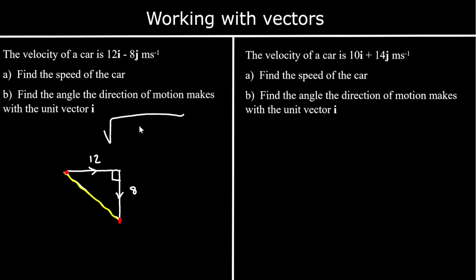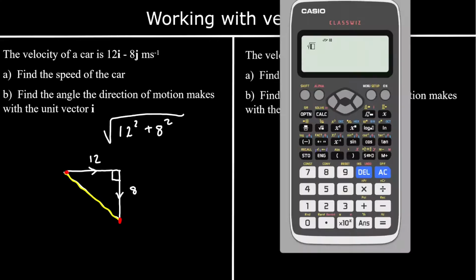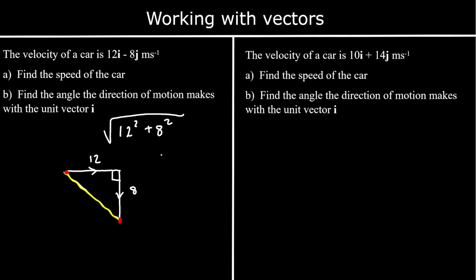It's the square root of 12 squared plus 8 squared. And the square root of 12 squared plus 8 squared is 4 root 13, or 14.4 meters per second. So every second it goes 14.4 meters. That's the speed.